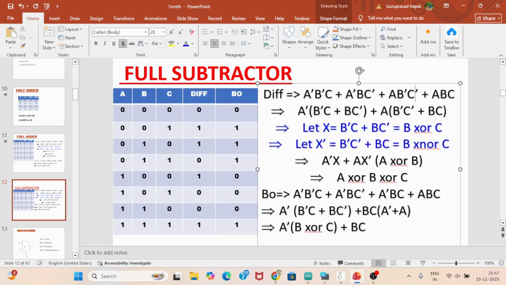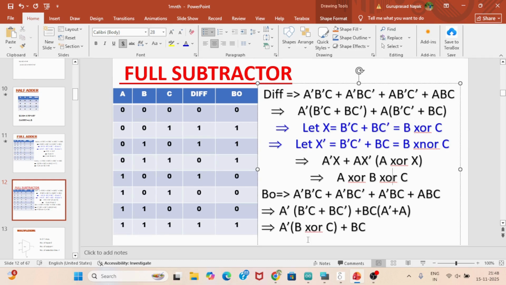B bar C and B C bar is known as the XOR, and B bar C bar and B C is the XNOR, so I take X for B XOR C. Now the remaining A: A bar X plus A X bar is A XOR X. The value of X is B XOR C, so the difference is A XOR B XOR C. This is the expression.